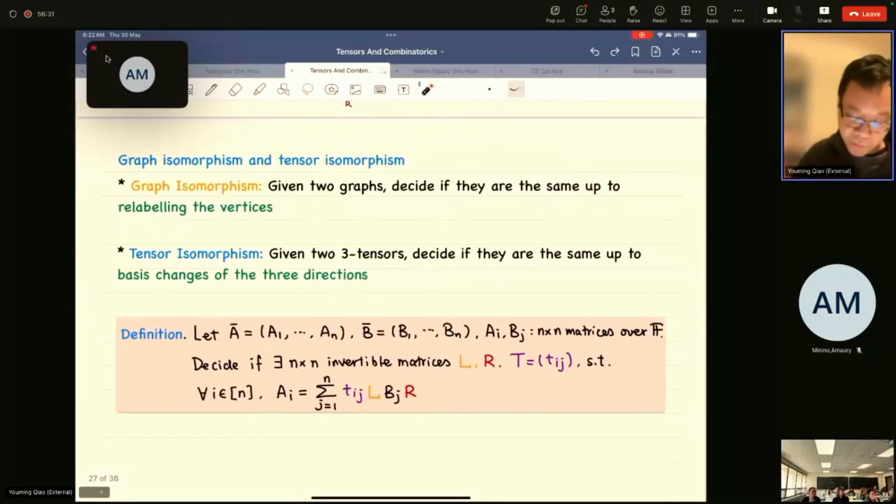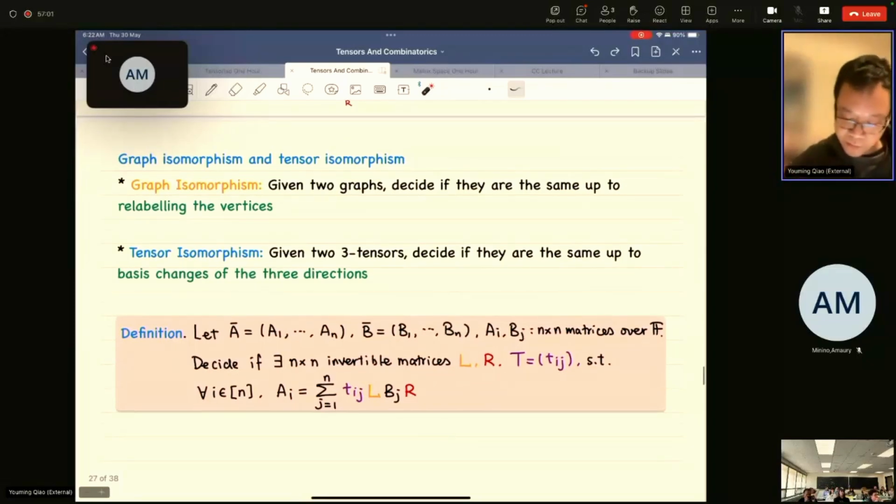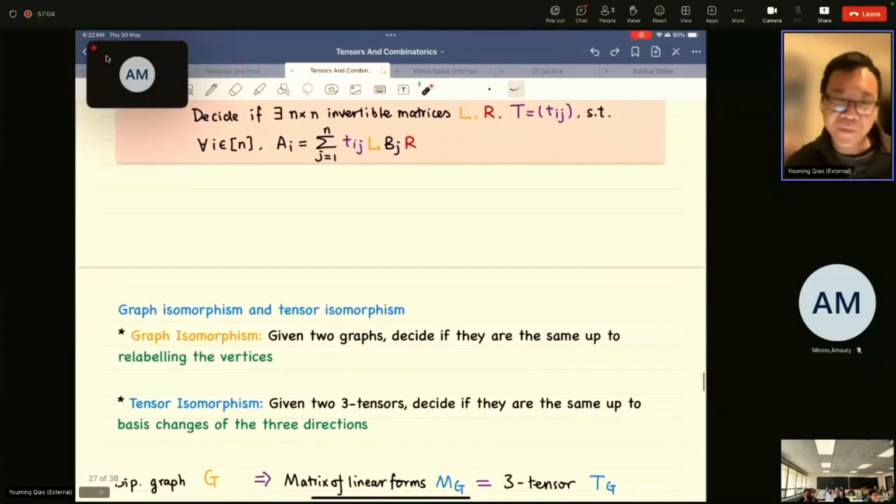So if you have 2 tensors, A and B, written in matrix tuple format, the question is whether there exist n by n invertible matrices L, R, T, such that when you multiply L on the left, R on the right, and then use T to do the linear combinations of these slices, you make these 2 tuples of matrices the same. So that's the formal definition. Well, it is formal from the computer scientist viewpoint.